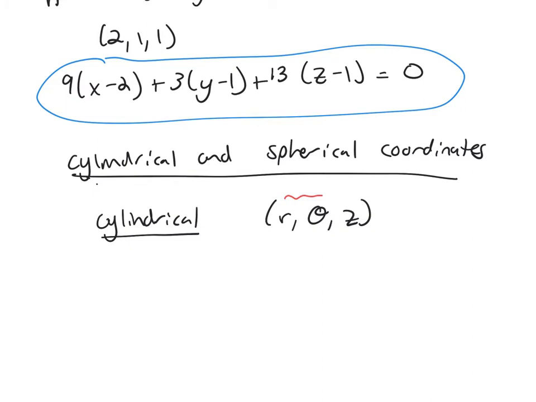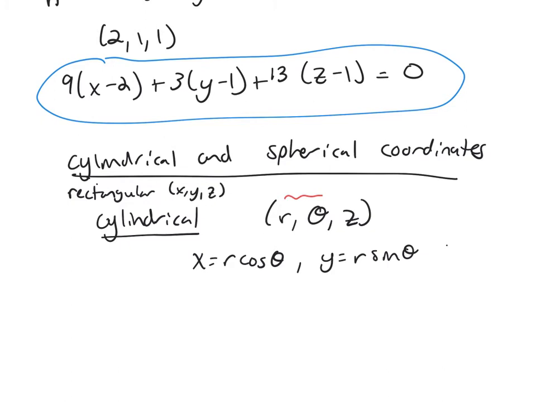Our conversion equations are x equals r cosine theta, y is r sine theta, and remember when you're in rectangular, you normally have a point represented by x, y, z, so the third coordinate is the same between the 2 points, so z is z.